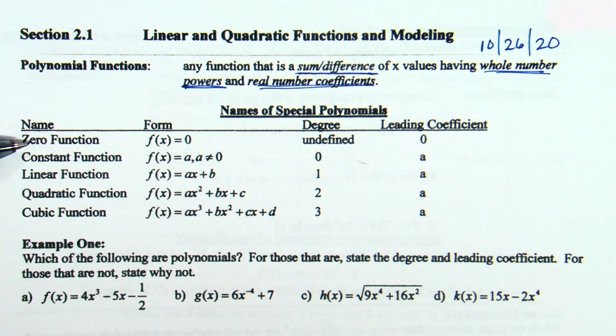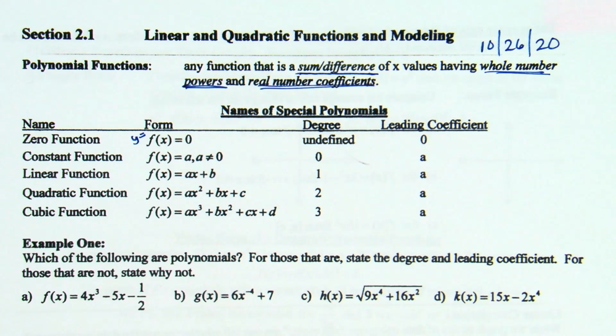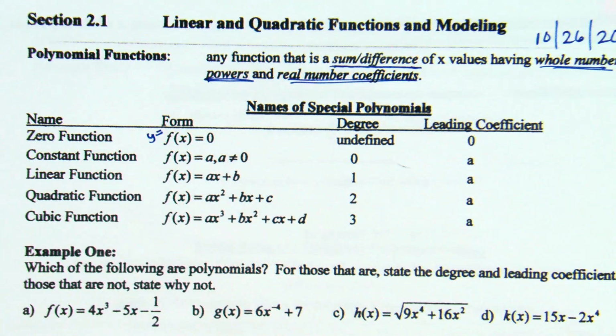So, first of all, we have something called the zero function. The zero function is specifically the function f of x equals 0. Now, what is f of x the same as? That's the same thing as saying y equals, right? So on any of these, that is the same thing as saying y equals. But if it's the zero function, it's just y equals 0.